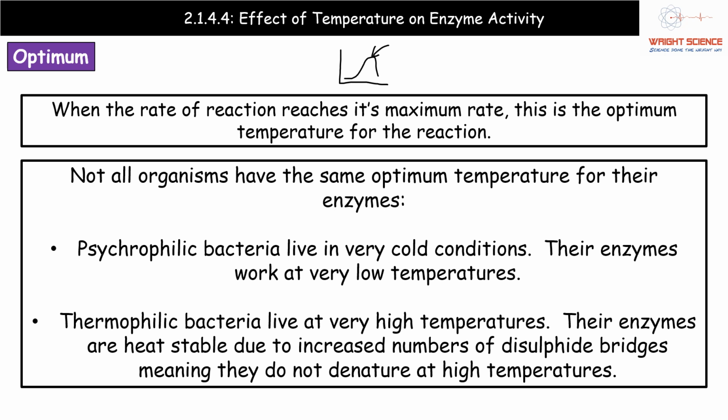That just means that they're not going to denature in those high temperatures. The way that they have achieved that is by having an increased number of disulfide bridges, and that gives them a more stable structure. It holds that 3D shape even when the temperatures increase. So because they've got a large number of disulfide bridges, they're heat stable, they will not denature at those high temperatures, and therefore the thermophilic bacteria can happily live in these rather toasty conditions.